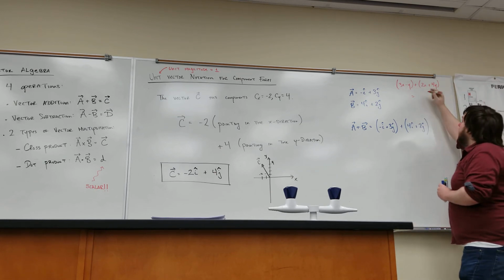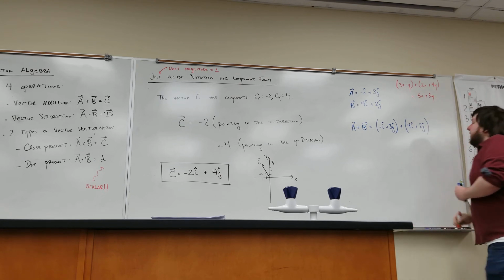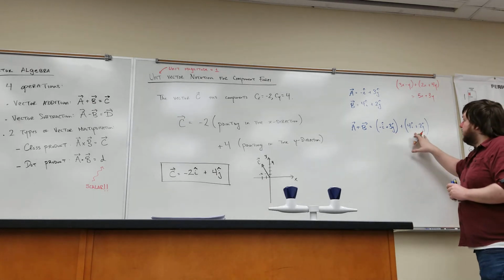Just 5x plus 3y. You guys have the general idea. You group the x's, you group the y's, but x and y don't group themselves. They stay separate. Same thing happens with these unit vectors.